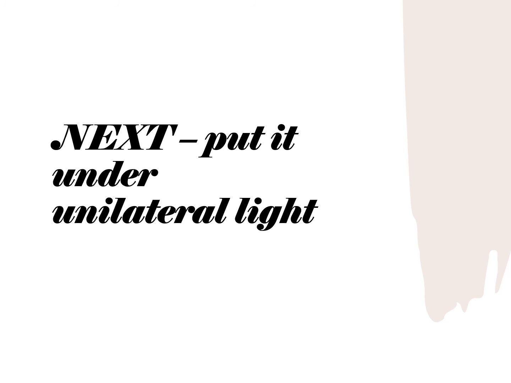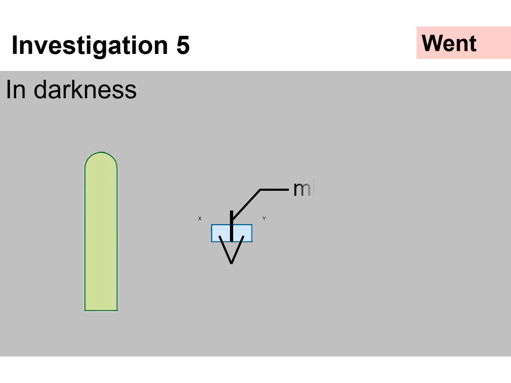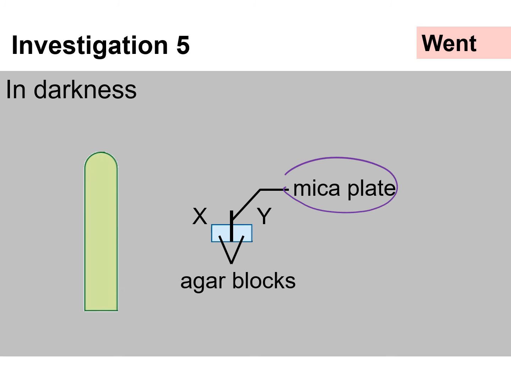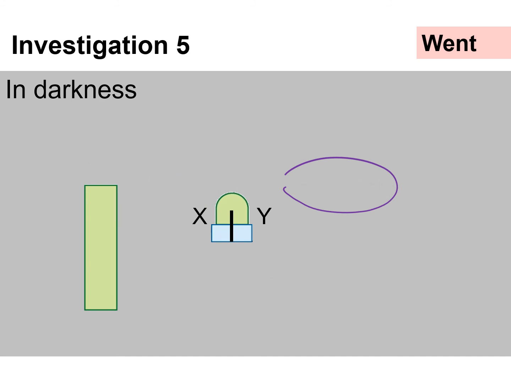For the next part, Went decided to put the setup under unilateral light. Went did another experiment by putting a mica plate in the middle of the agar block and separated it into left and right, part X and part Y. After that, he put the tip right on top of the agar block.